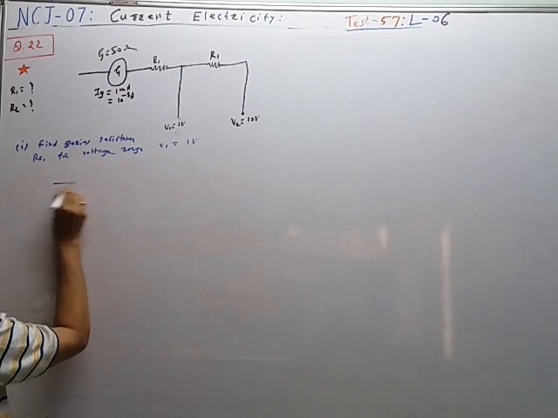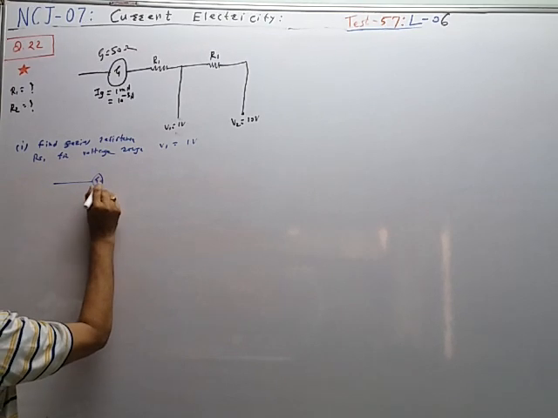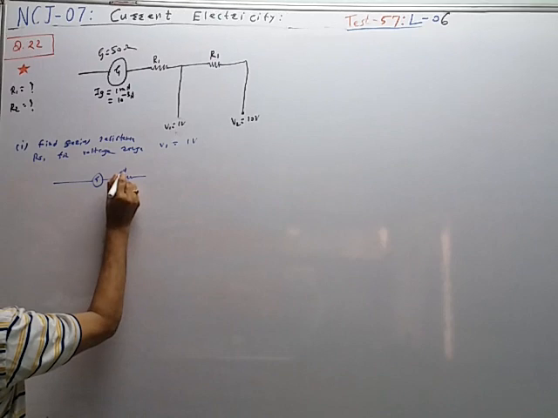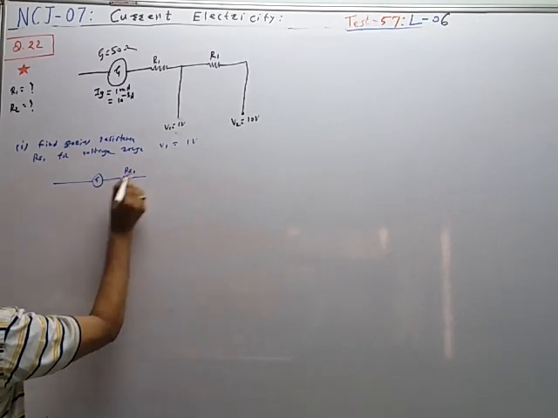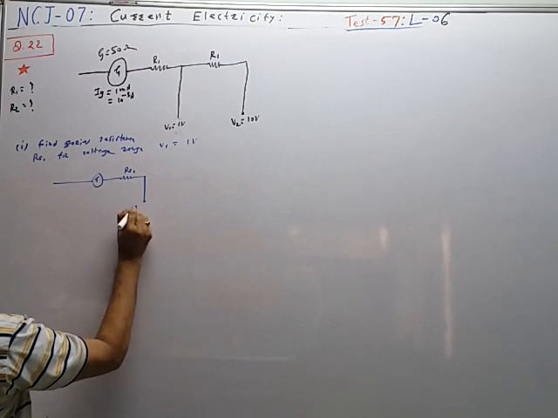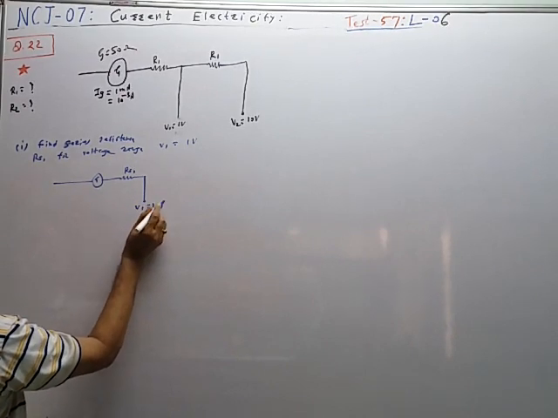So the circuit is like this. This is galvanometer. This is RS1 and this range is V1 is equal to 1 volt.